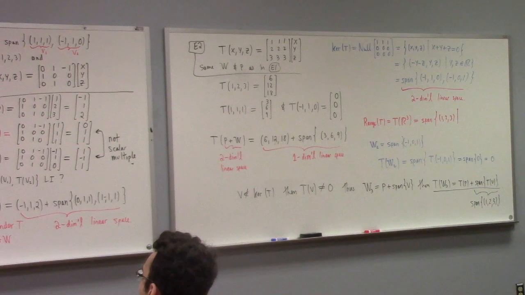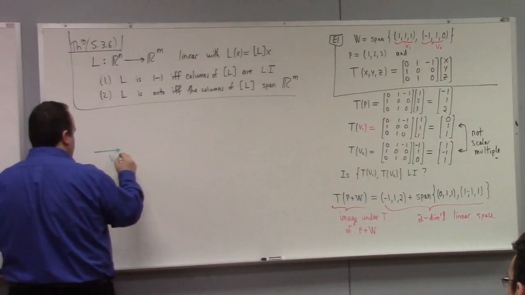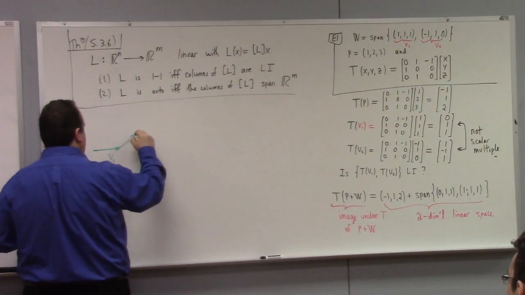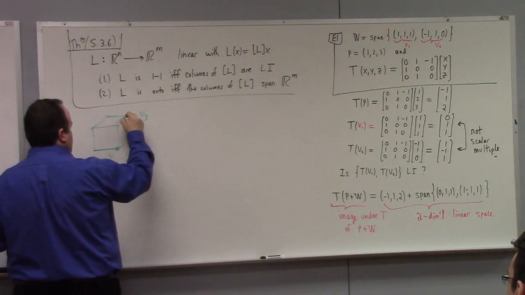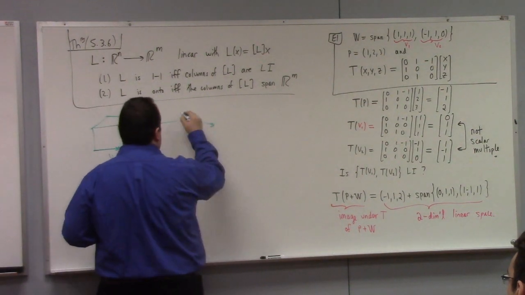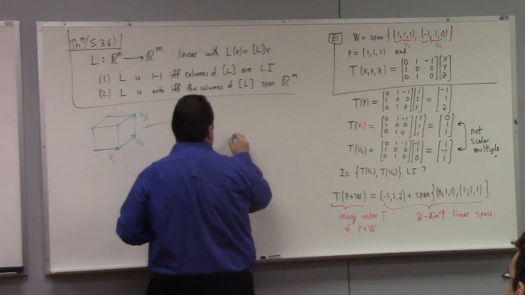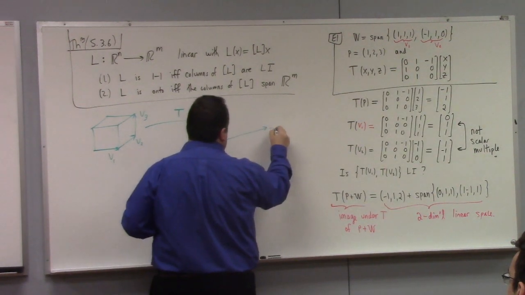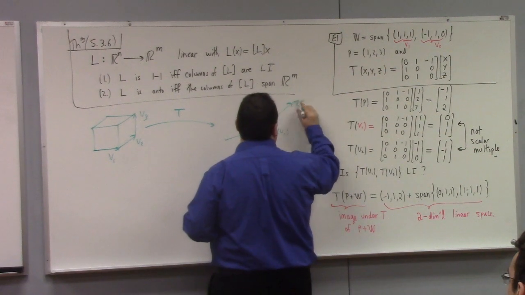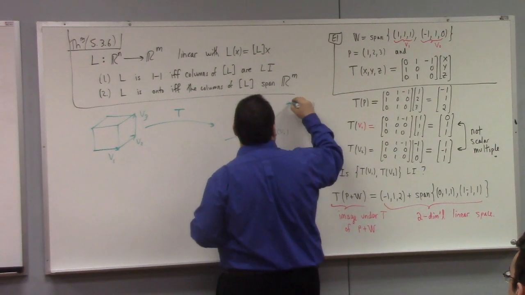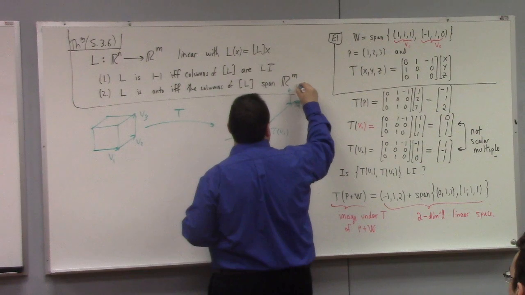The one last thing I want to talk to you guys about today is the case of equal dimension. So check this out. Let's just think about a little parallelepiped like this with sides v1, v2, v3, right? What happens if we feed that under a linear transformation T, and we get an output, T of v1, T of v2, and let's say T of v3?